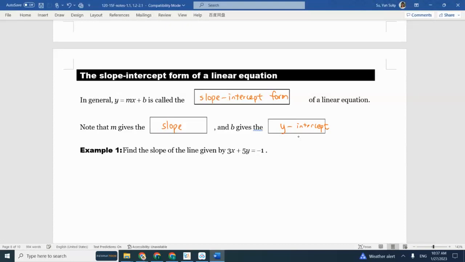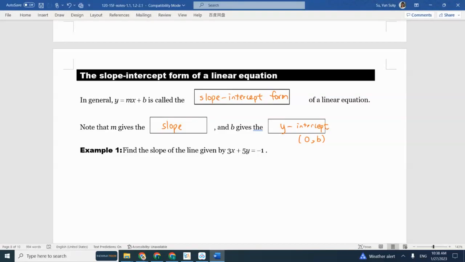The y-intercept, remember, is a point. So this is the point (0, b). Okay, everybody? Now find the slope of the line given by the following.